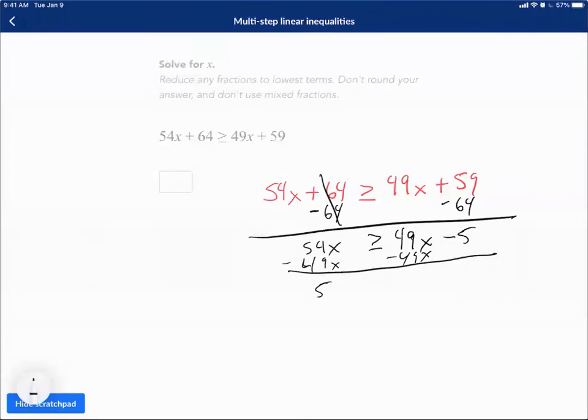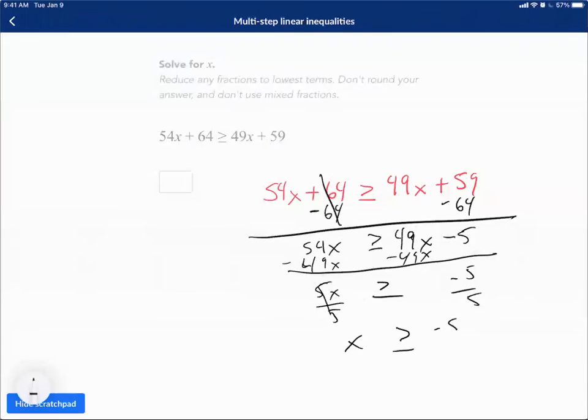That's weird. Wait a second. Okay, so this is 5 and this is -5. So with that being said, we will go ahead and do the x here and x over there.